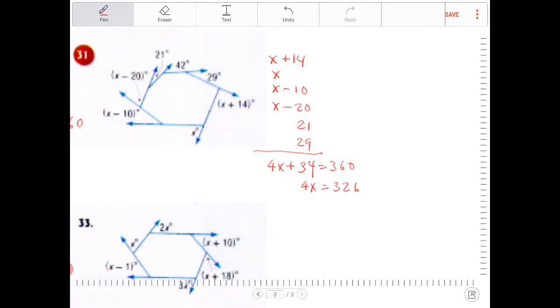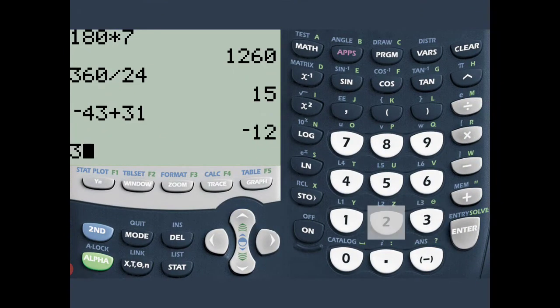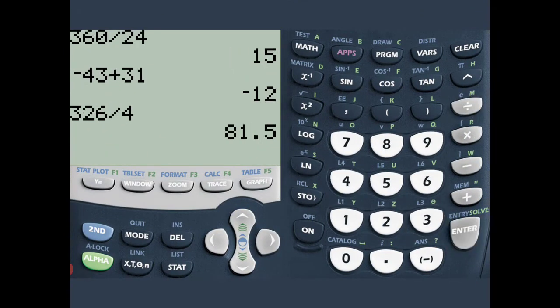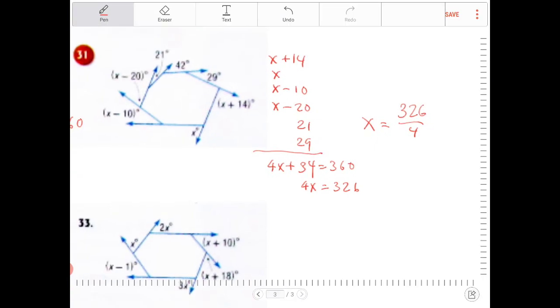Negative 1 plus 21 is positive 20. 20 plus 14 is 34. So I did add it up correctly. So it is what it is then. X is equal to 326 over 4, which is, whatever that is, 326 divided by 4, 81.5.